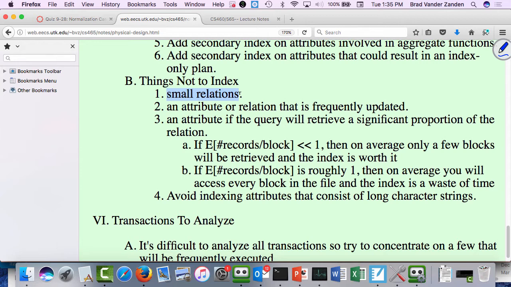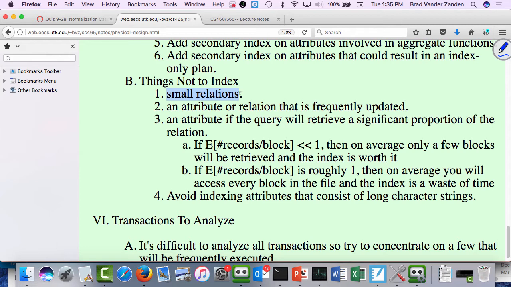For the same reason, even if we needed two blocks rather than one for the branch relation, there's still a good chance we're not doing any indexing. Why? Well, the index costs us a block access, and then we have to read a block. That's two block accesses.